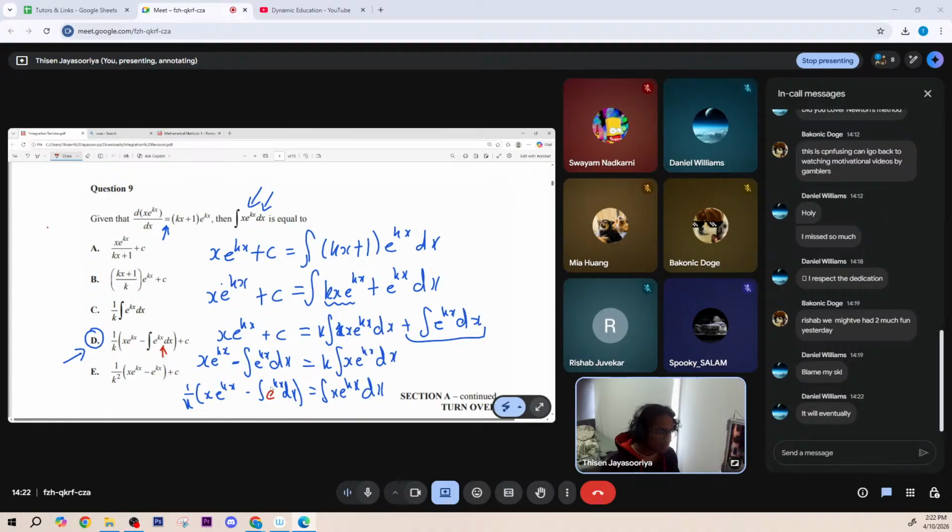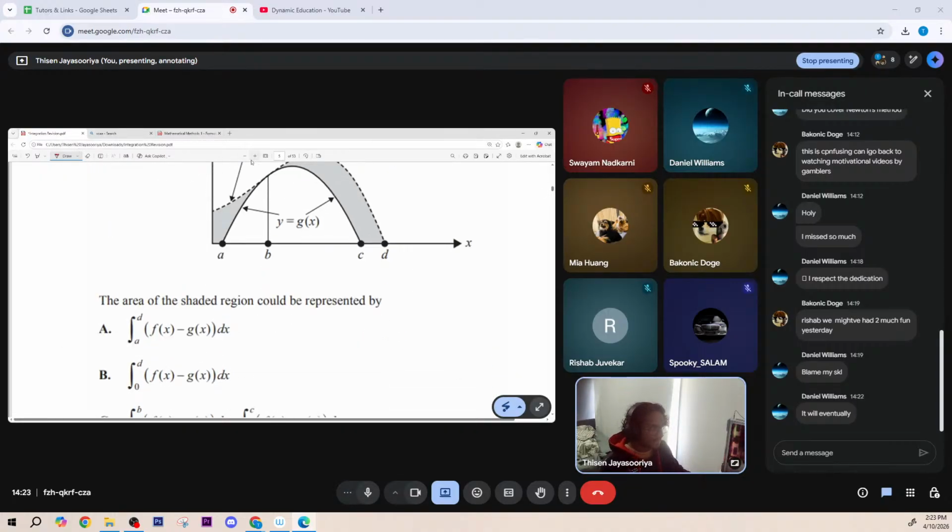Because you can technically rewrite this in a different way, and it would look a little bit more like answer option E. But if it's a multi-choice question, you have to try and get into the form of the multi-choice. So I already knew it wasn't going to be A or C, so it has to be one of B, D, or E. So I'm just trying to manipulate it to get into that form. This is why integration by recognition probably needs some of the most practice.